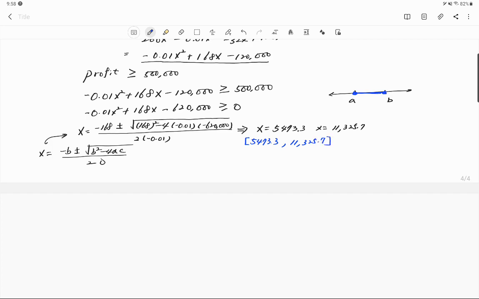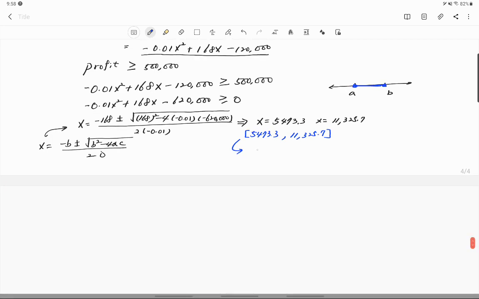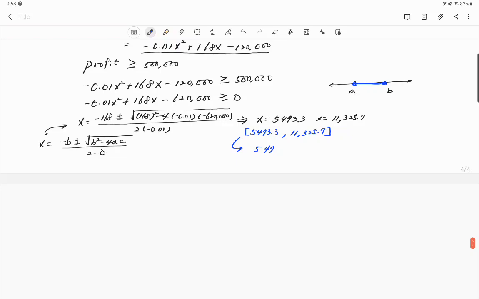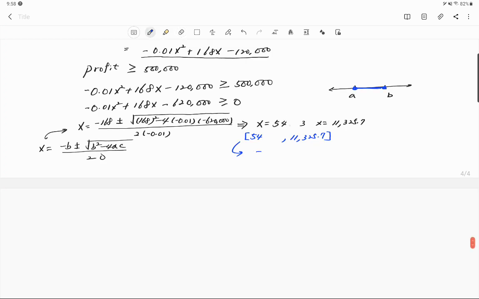But since units are integers, it has to be 5,473 or 4. Is it 3 or 4? Sorry, I think I wrote it incorrectly. This is 4. Okay, this is 5,474.3.